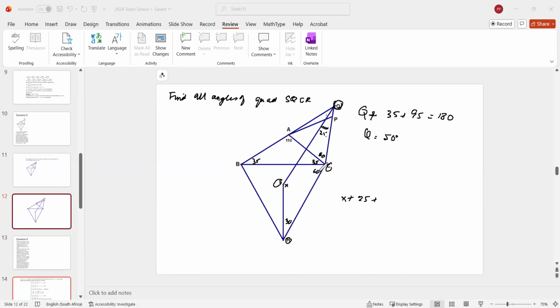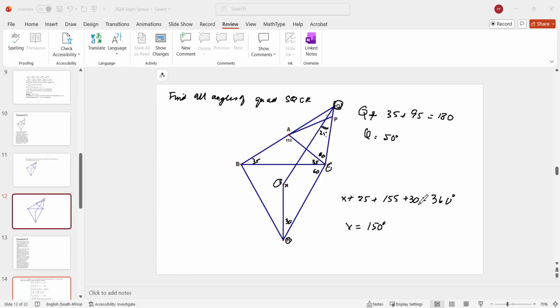This whole angle here is 60 plus 60, 120, plus 35 is 155, plus 30, and plus X. Now these are the four angles of this quadrilateral, and they will add up to 360. The sum of the angles of any quadrilateral is 360 degrees, and this gives you X is equal to 150 degrees.